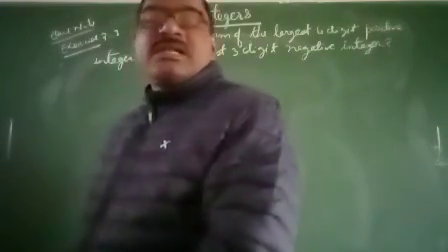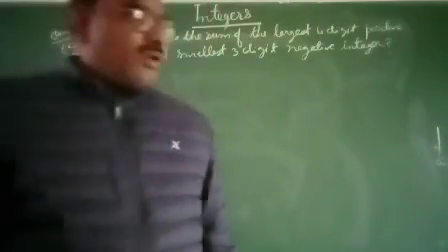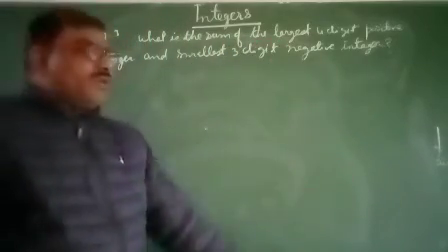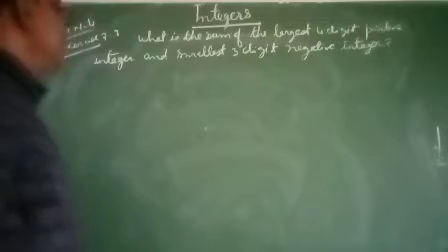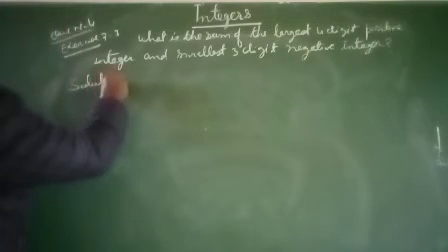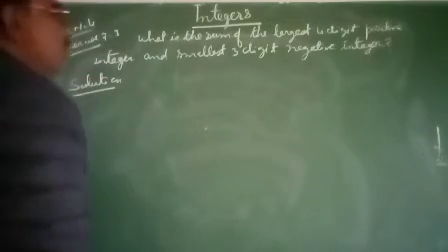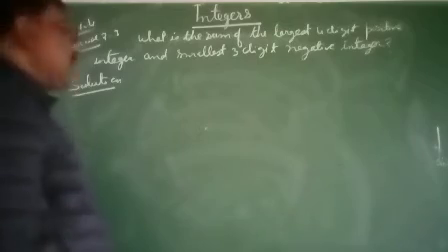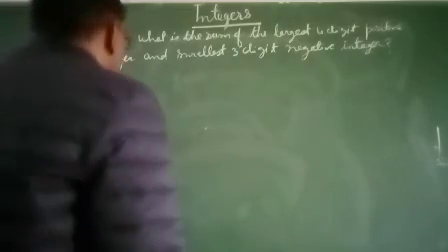So dear students, first of all, I will find out what the largest 4-digit positive integer is. Solution. The largest 4-digit positive integer is 9,999.